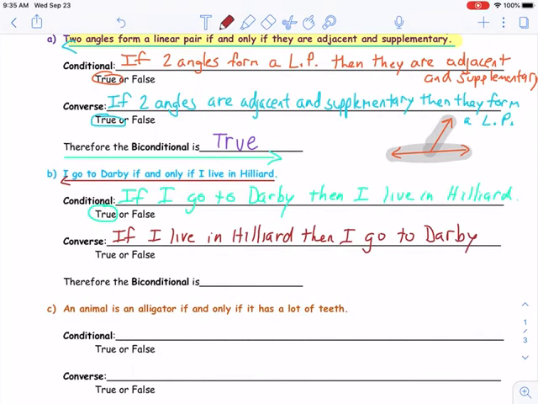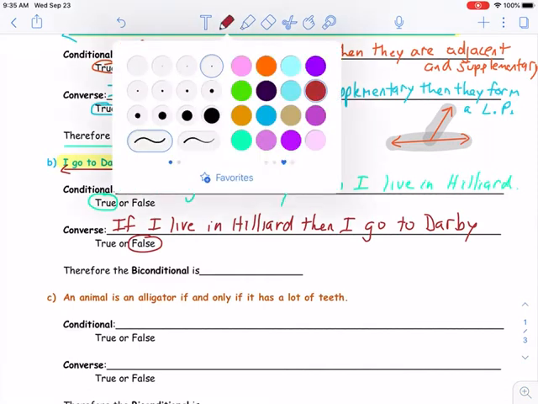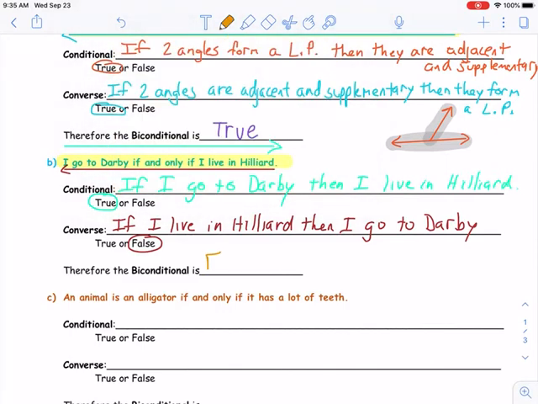That is false. You could go to Bradley. You could go to Davidson. So those are counterexamples. So therefore, this biconditional statement we read, I go to Darby if and only if I live in Hilliard, is a false biconditional statement. It is not a strong definition. False.